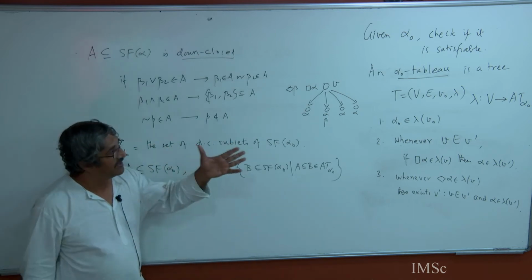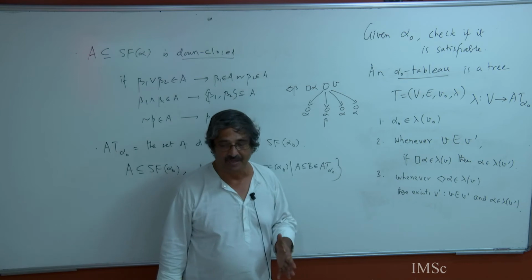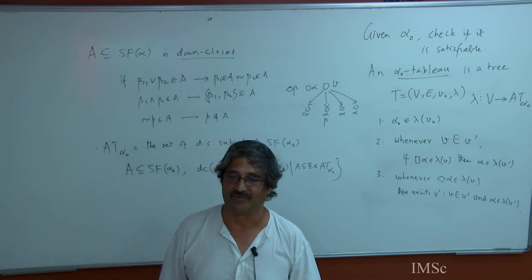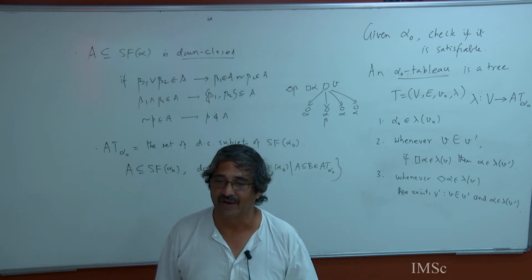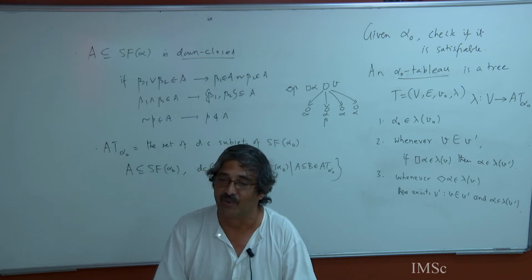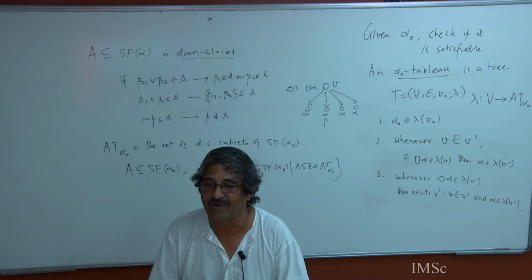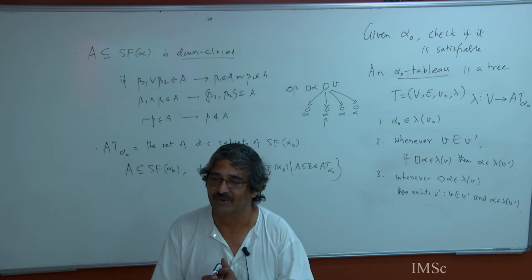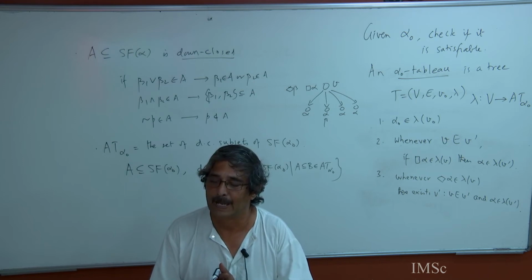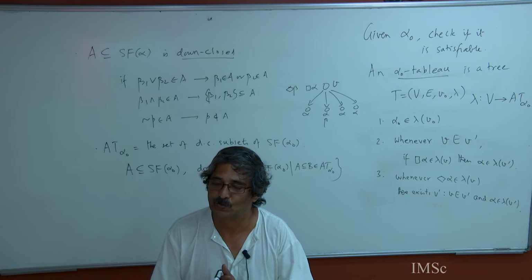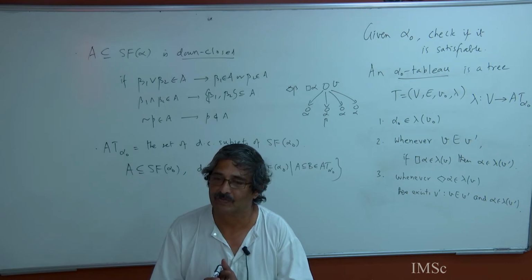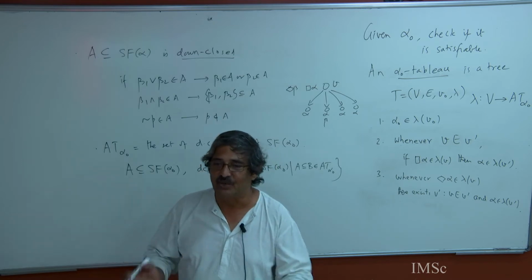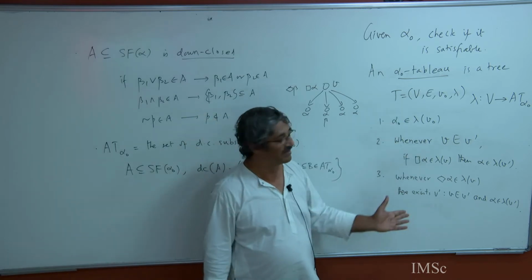Okay, so this is the definition of an alpha naught tableau. Now the question is, how do you go about trying to construct an alpha naught tableau? You are starting with the formula alpha naught and you are going to try to construct a tableau. How can I fail in constructing a tableau? Given a formula alpha naught, why shouldn't a tableau exist for alpha naught?